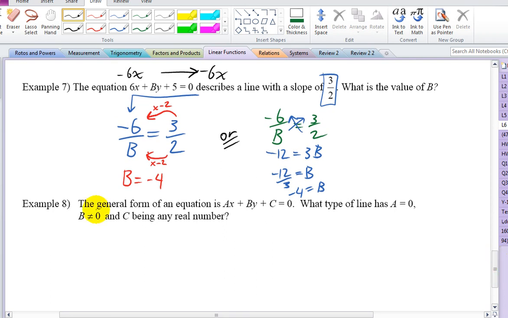All right. Here's the general form of the equation. Ax blah blah blah. What type of line has A equals 0? What's going to happen to the x if you multiply it by 0? It's gone. So what kind of line is this? It's a y equals line. Now tell me, is that a horizontal line or a vertical line?